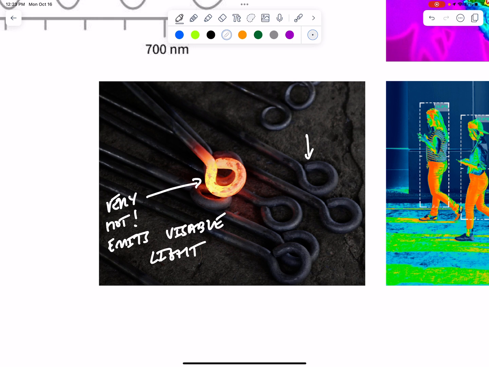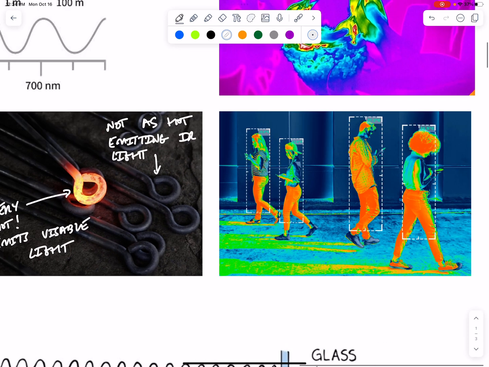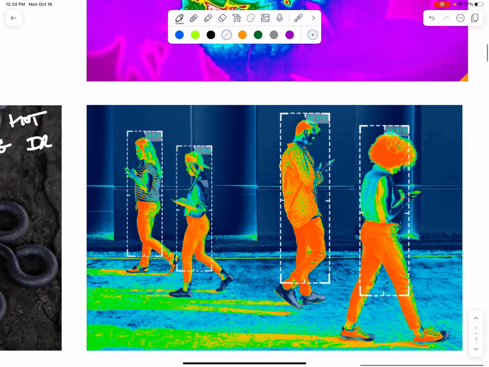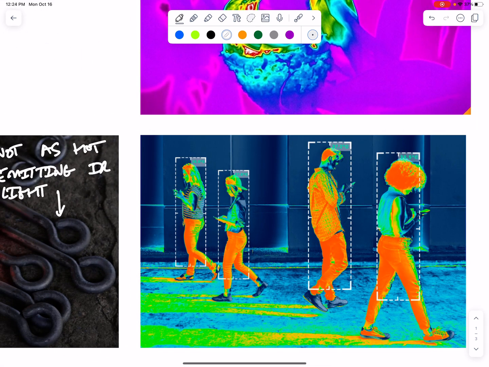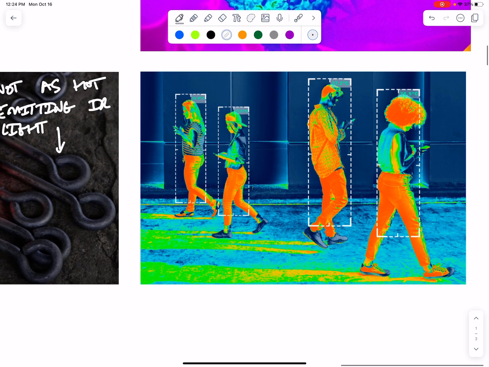And this is not as hot, and it's emitting IR light, or heat light. Okay, here are people. You would not think of them necessarily as emitting light, but they are emitting light. They're just emitting heat, IR light.